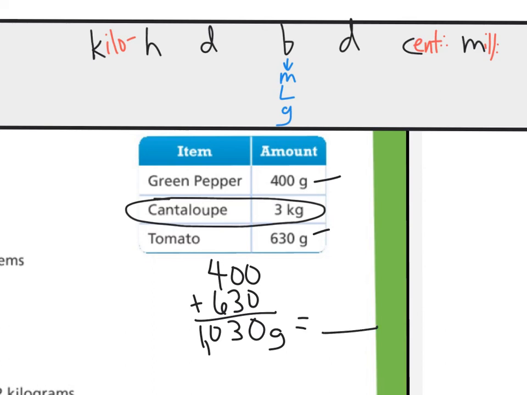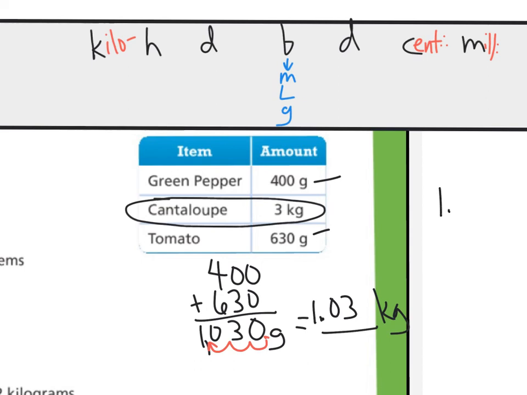And then we could convert that over to kilograms. And then we can add our kilograms all together. So to go from grams to kilograms, we would have to move 3 places to the left. So 3 places to the left would be 1.03 or 1.030 kilograms if you want.